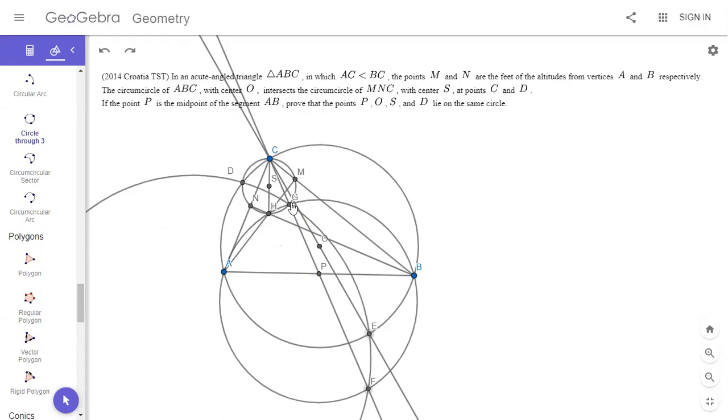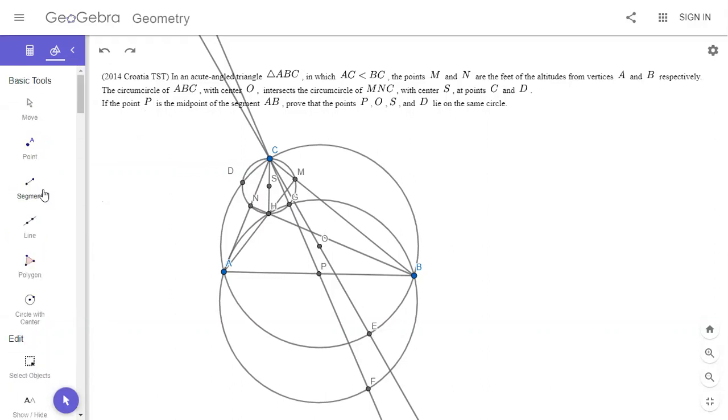I think EF is perpendicular to AB. DH, P, and E are collinear. Oh yeah, I've done that one on my channel before where I showed DH, P, and E are collinear. That's a good point. And by dilation, SO is perpendicular to PD.